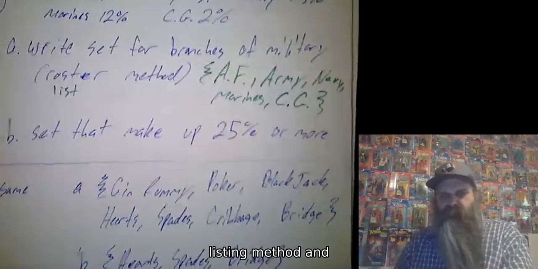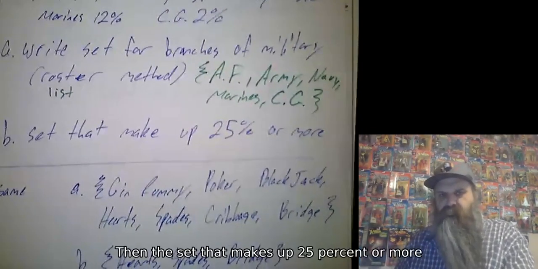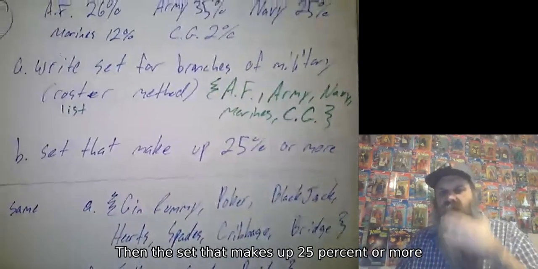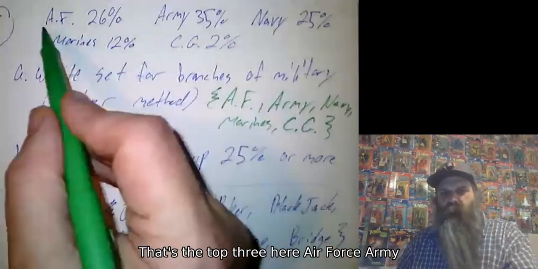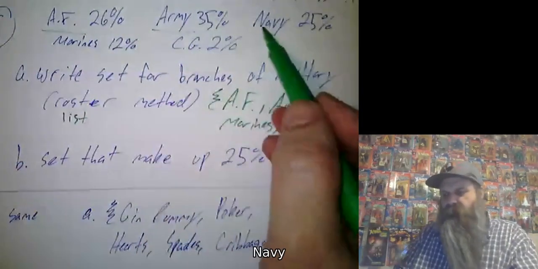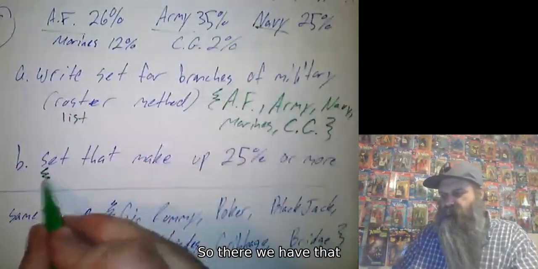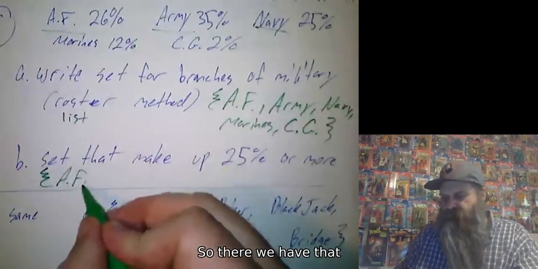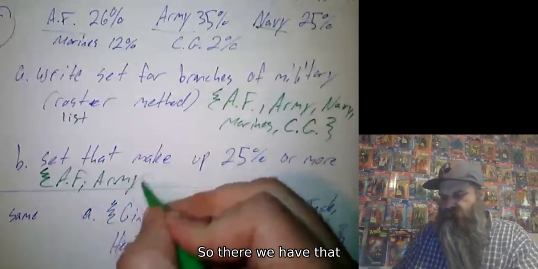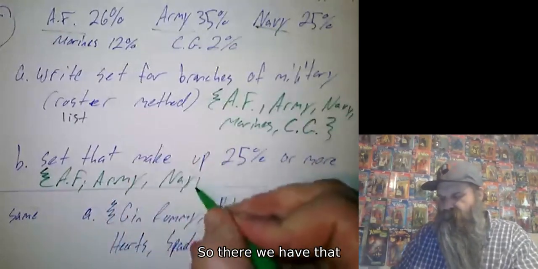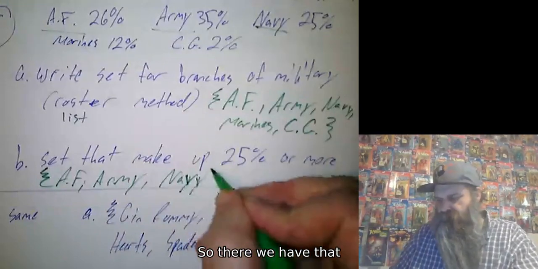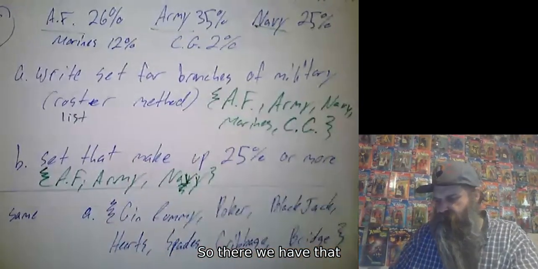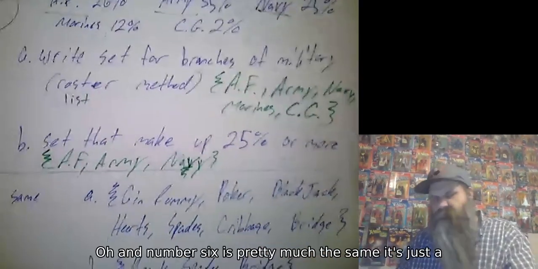So that's the listing method. And then the set that makes up 25% or more, that's the top 3 here. Air Force, Army, Navy. So there we have that.